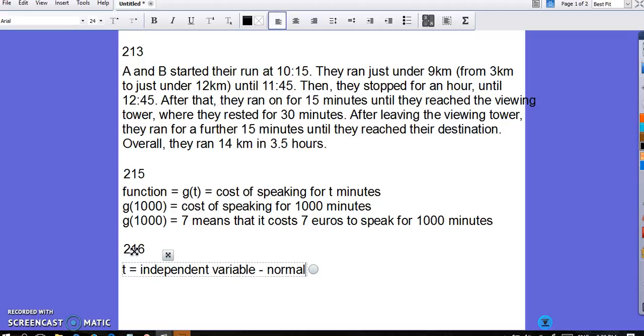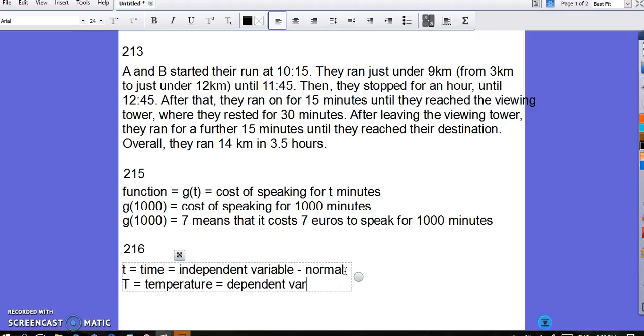This is the normal state of affairs where the time is the independent variable. And we have then the temperature T depending on that.